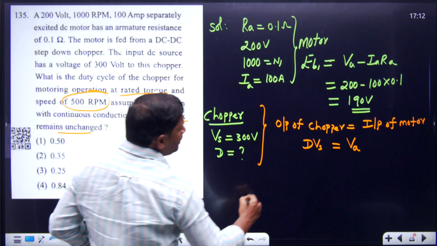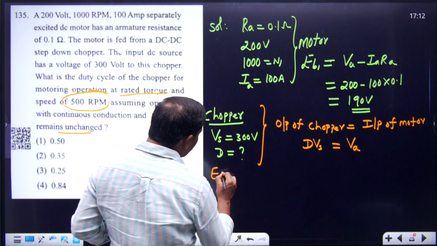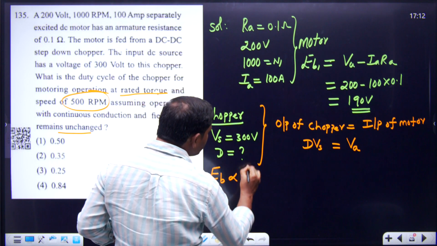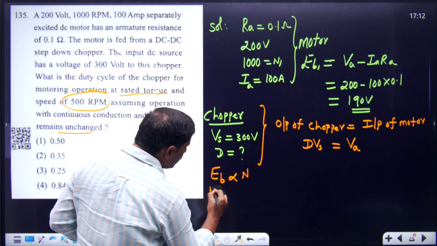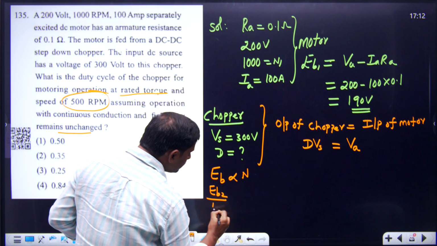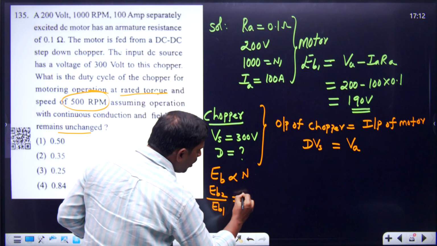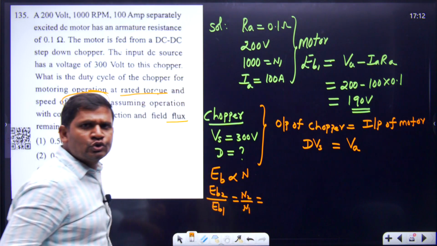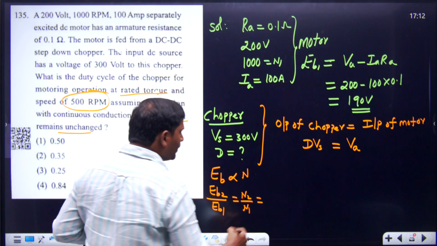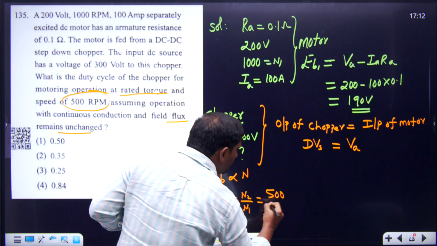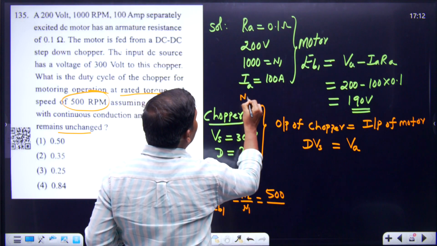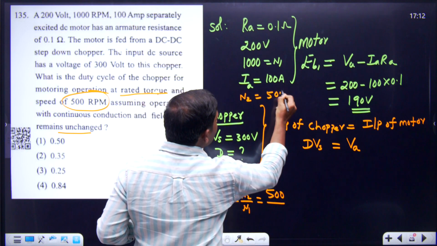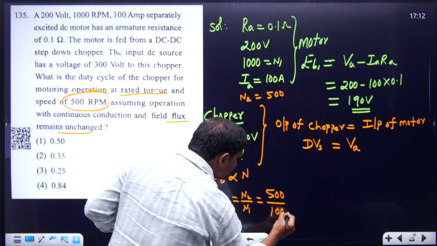We know that EB is proportional to N. Then EB2 by EB1 is equal to N2 by N1. What is N2, students? N2 is 500, it is given. N1 is 1000.